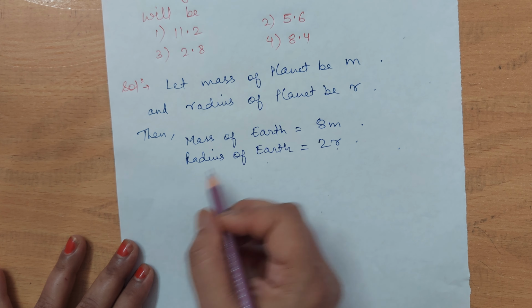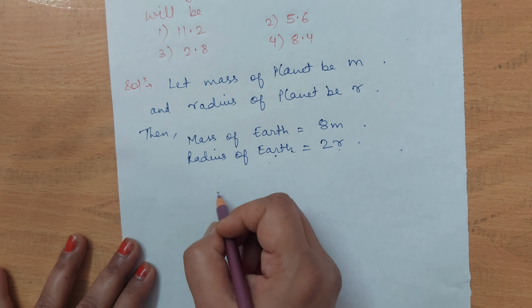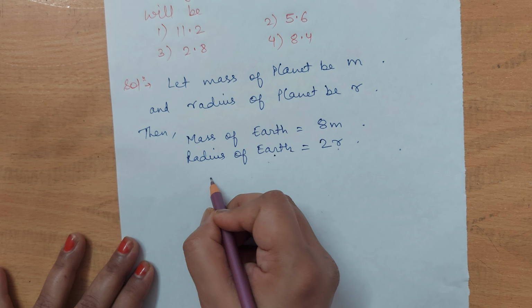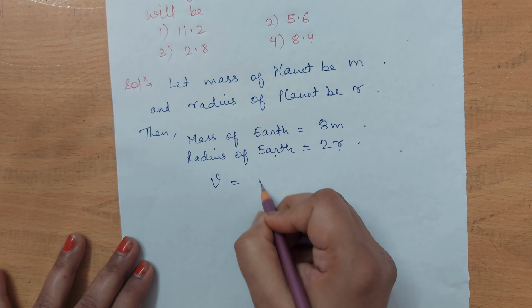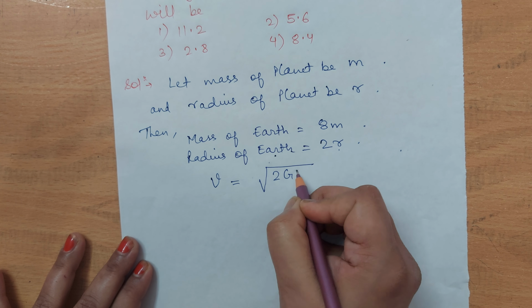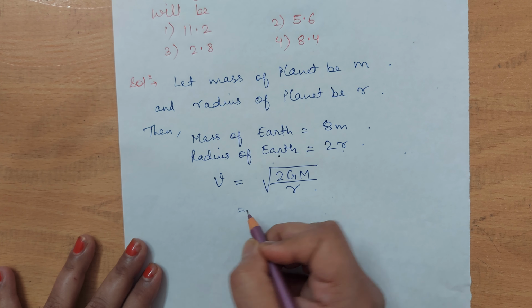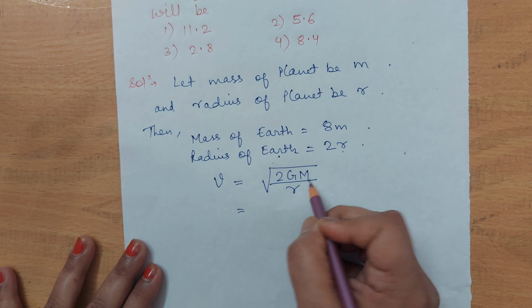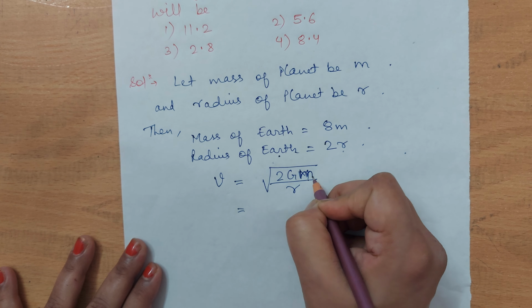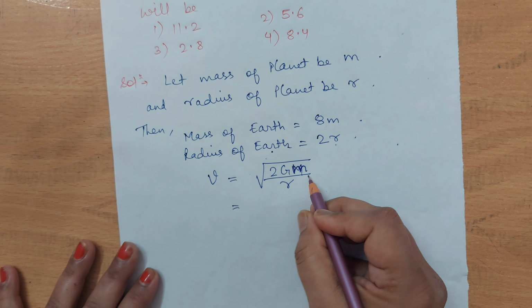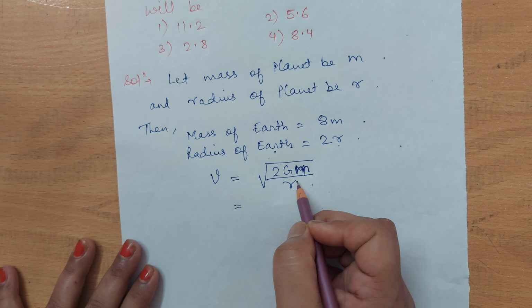Now we will find out for Earth. We know that the formula for escape velocity is v is equal to root under 2GM by r. So putting the value, this mass M represents the mass of Earth.